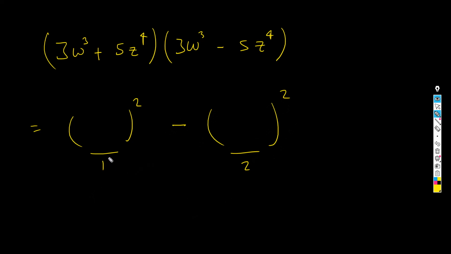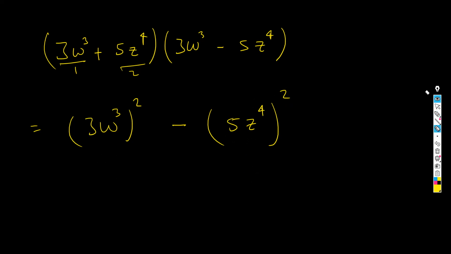What do we mean by first and second numbers? This is my first number. This is my second number. So I'm just gonna put them in here basically. 3w to the cube, all of these to the square, minus my second number, which is this, 5z to the 4, all of these to the square.